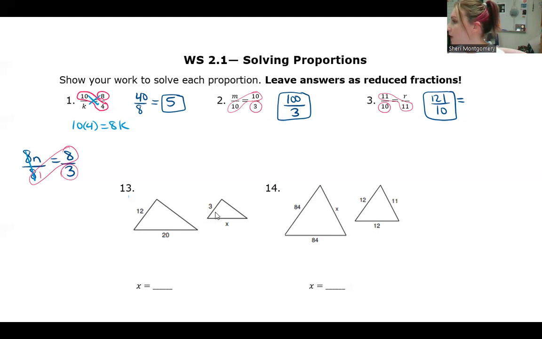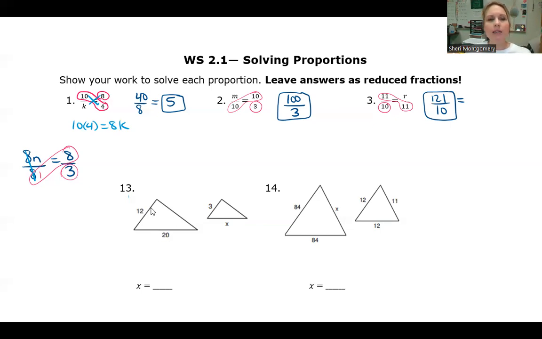If you still had some on the top that you needed to finish, that's fine. You will have time. So skipping down to the bottom, these are similar figures. Did anybody get similar figures on TSI? Sometimes they pop up, sometimes they don't. They're both triangles and they're both kind of shaped the same.